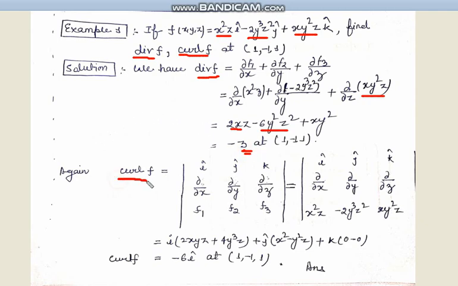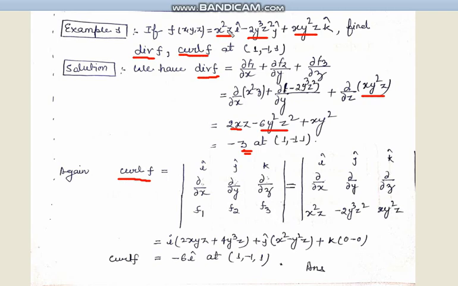Now curl of F is calculated by this formula, where it is a 3×3 matrix, where in the first row we put i, j, k, then the coefficients of the del operator, that is ∂/∂x, ∂/∂y, ∂/∂z, then the coefficients of function F, that is f1, f2, f3.